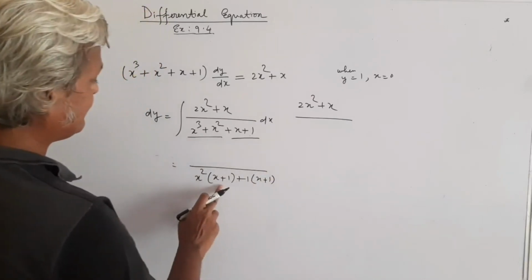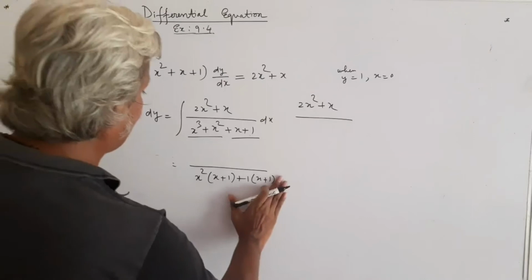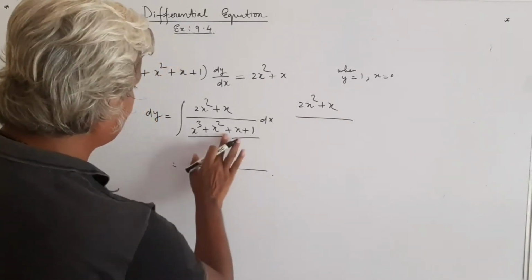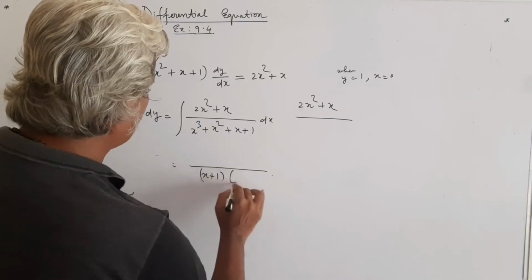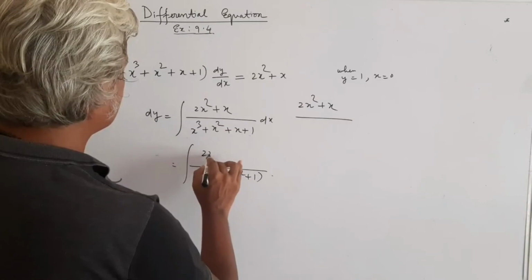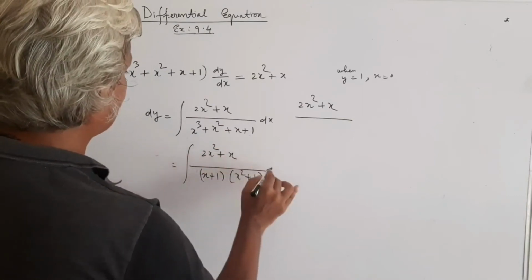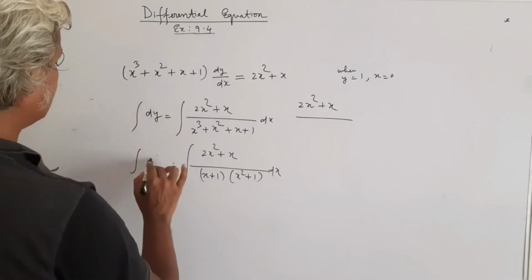Then I take x plus 1 common, and I'll have x plus 1 and x square plus 1. So I'll write it directly: in place of this you can write x plus 1 times x square plus 1, and this is 2x square plus x dx, and this is also the integration of dy.